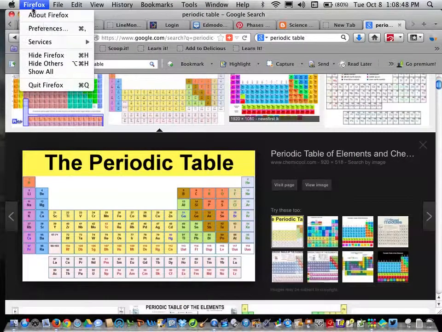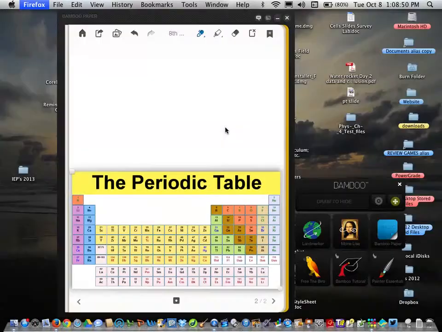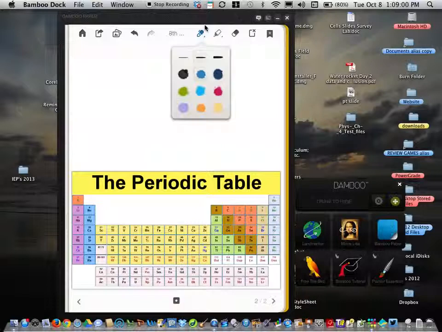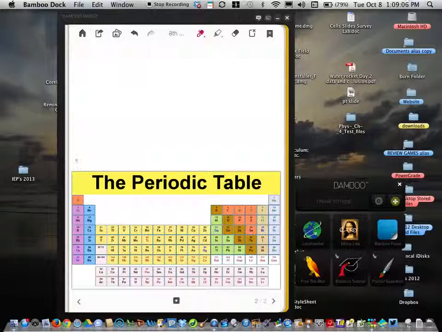Okay, so here's the periodic table, and let's find out some information here. The periodic table, of course, is organized very ingeniously. All of the elements in this family, the alkali family, all of these have one electron in the outer level.